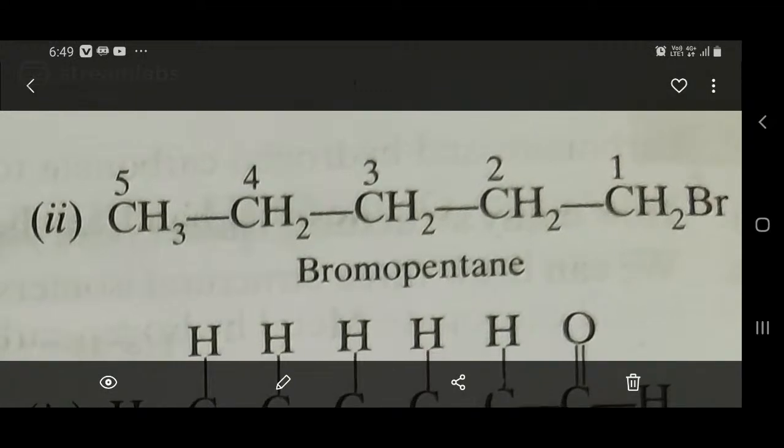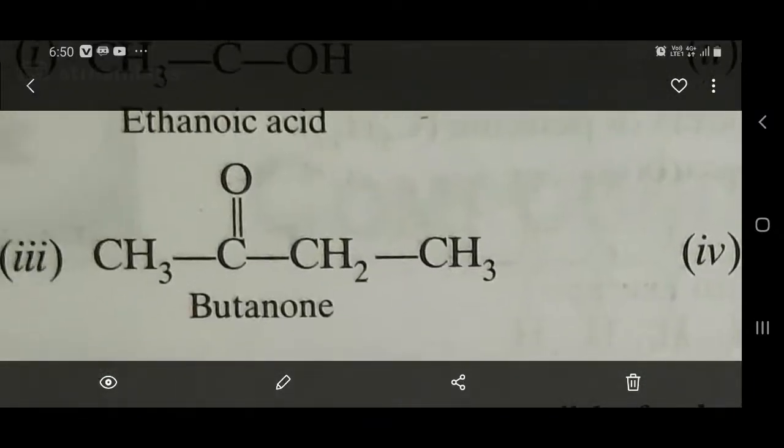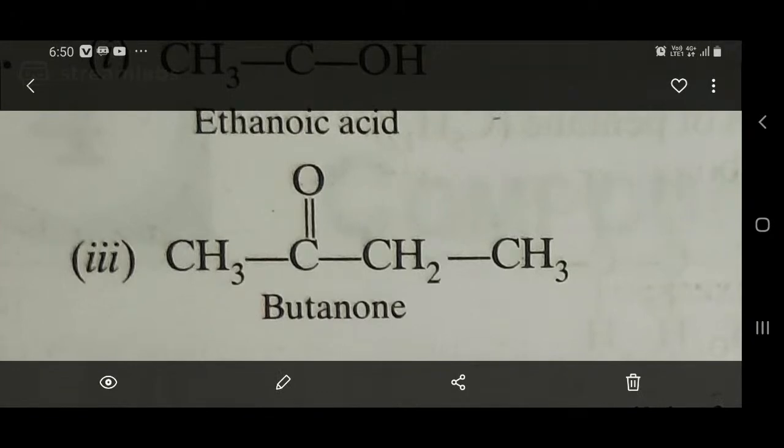Write pentane. Remove 1 hydrogen at the last. You just add Br, bromine group. Butanone. Write butane. In the center, you remove 2 hydrogen for 1 carbon and represent it as double bond O. That is the ketone group.